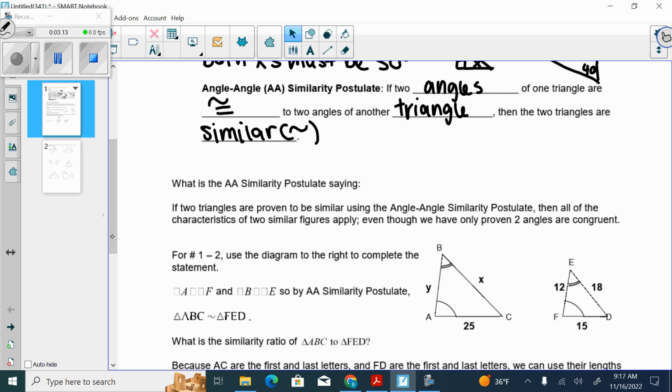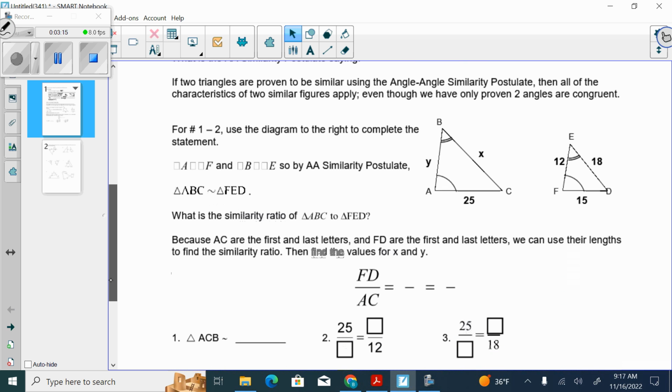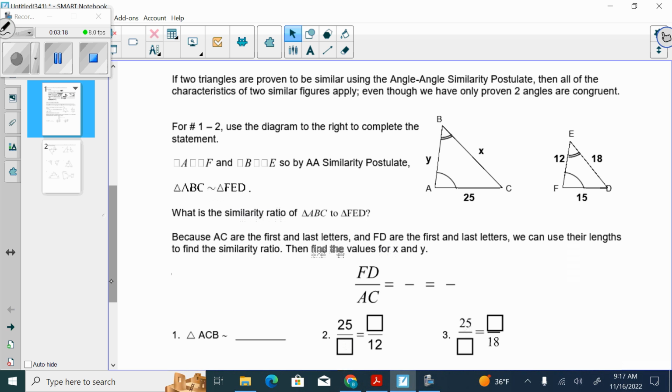So it says we're going to use this in the diagram to the right to complete the statement. So our paper says angle A, or it should have angle there, is congruent to angle F, and that angle B is congruent to angle E. So by the angle-angle similarity postulate, that means these two triangles are similar. They then ask, what is the similarity ratio of ABC to FED?